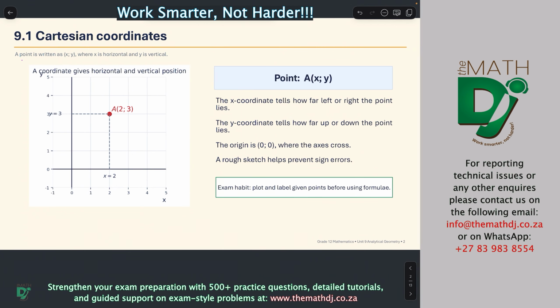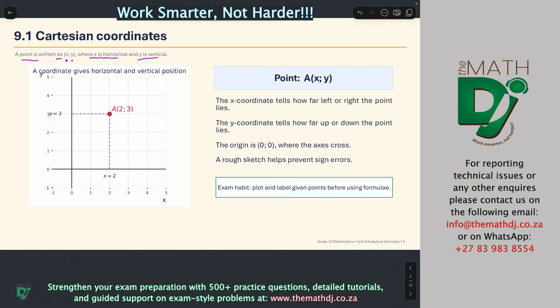Cartesian coordinates. Let's first start from the basics. It's something that you have already done in the previous chapters, but just for revision's sake, we go through it again. A point is written as (x, y), x representing the x coordinate and y the y coordinate, where x is the horizontal and y is the vertical.